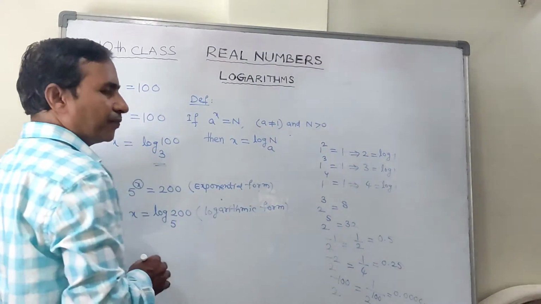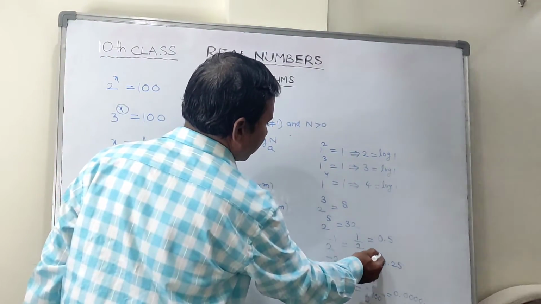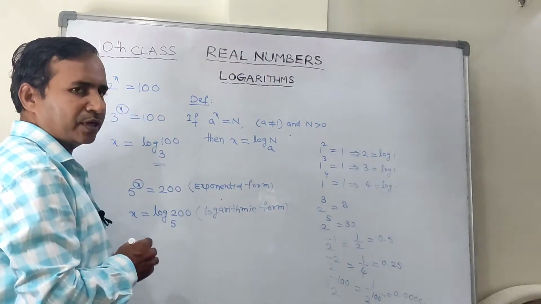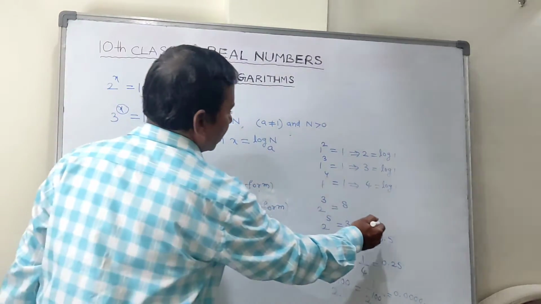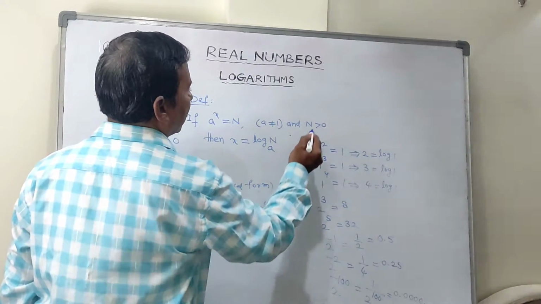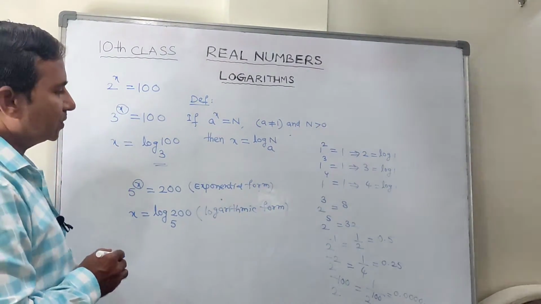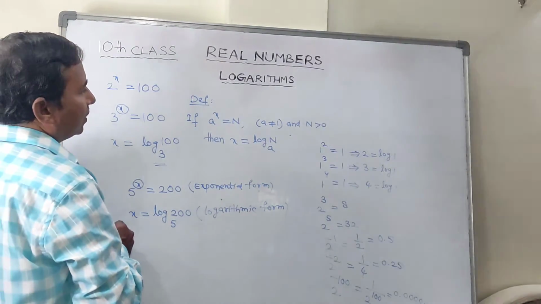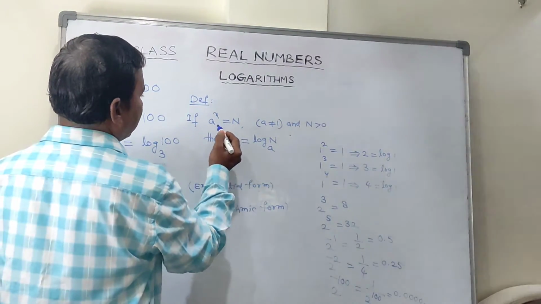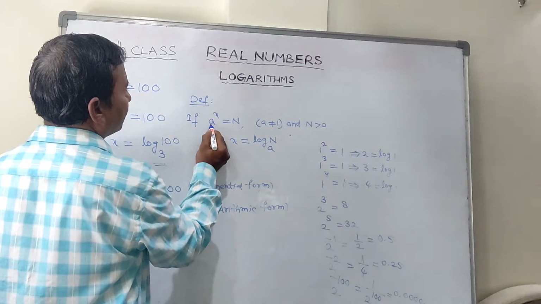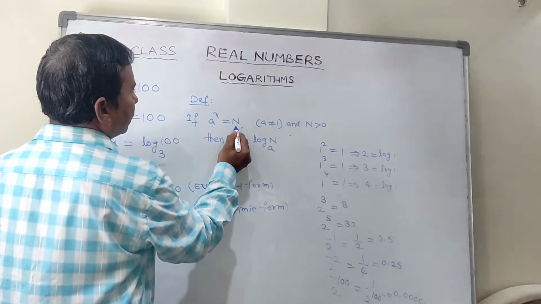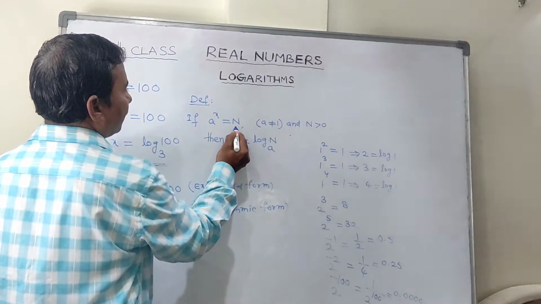Every time we are getting positive values, so always our n value should be greater than 0, which means always positive. That is the important thing we have to remember: the base should not be equal to 1 and n should always be a positive number.